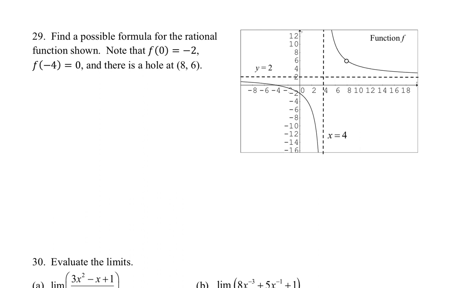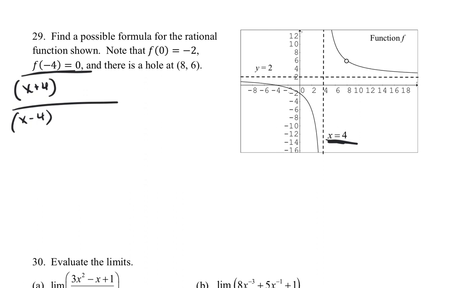Where there is a 0, when we plug this into our function, that graph is going to be 0, so that goes in our numerator. What we also know is we have a vertical asymptote at x equals -4, and that's going to go in our bottom.